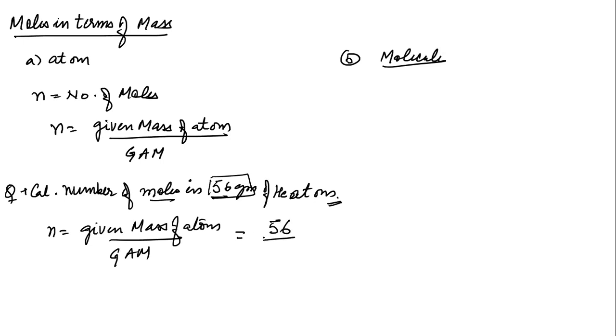Now, the gram atomic mass of helium. Can you tell me what is the gram atomic mass of helium? It is 4. So this is 4. Clear? And you will get the answer 14 moles.